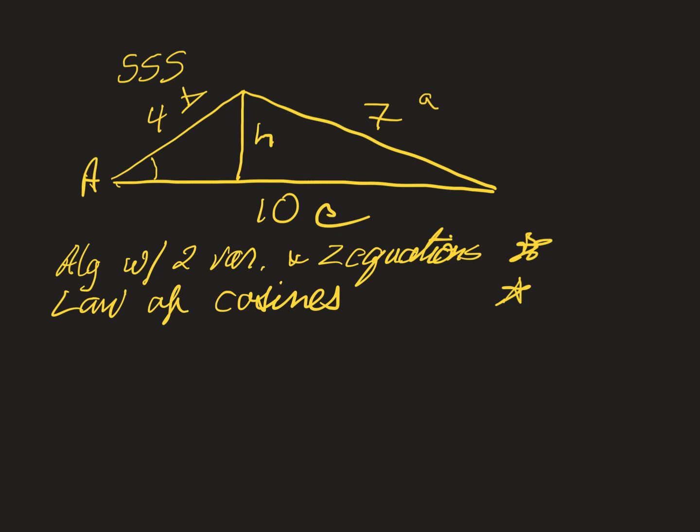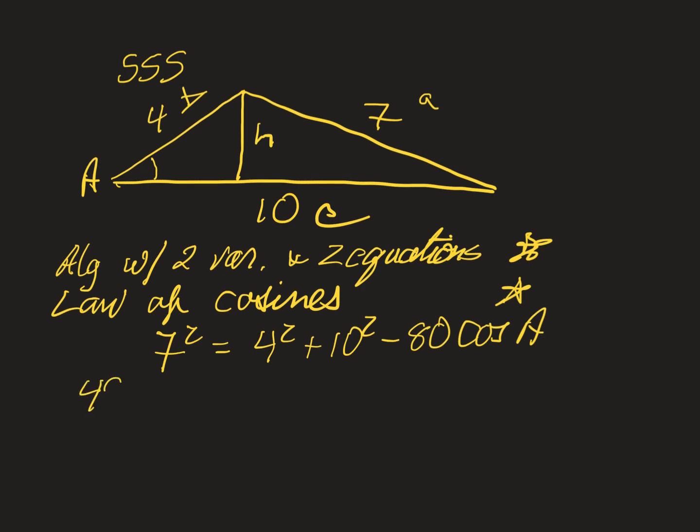So by law of cosines, we would then say 7 squared equals 4 squared plus 10 squared minus 2 times 4 times 10, or 80, cosine of the angle we want. And so we need to solve that.